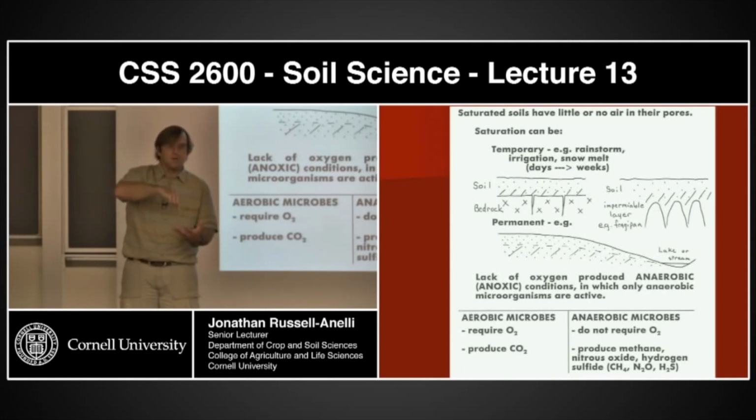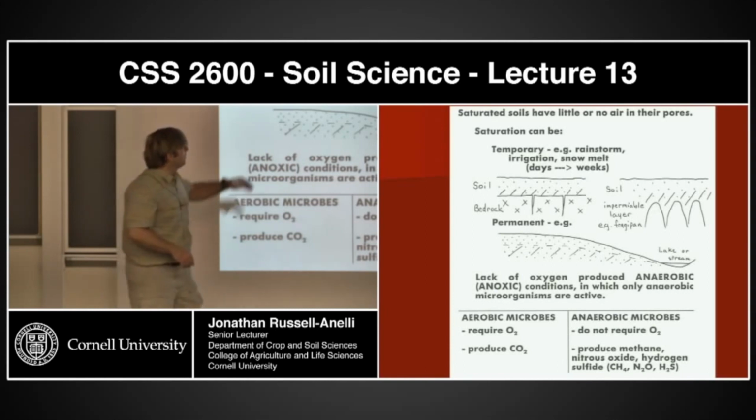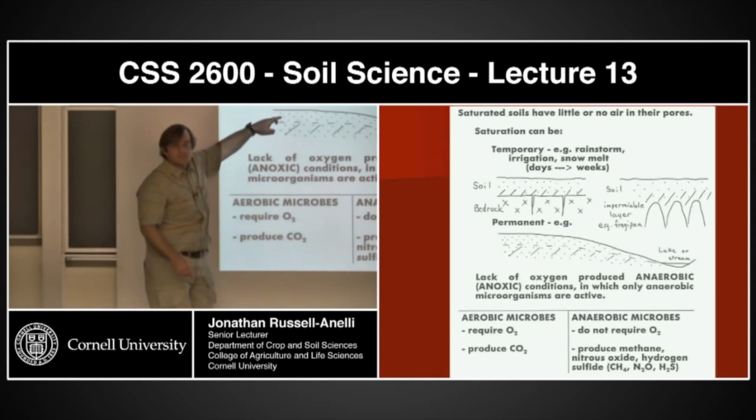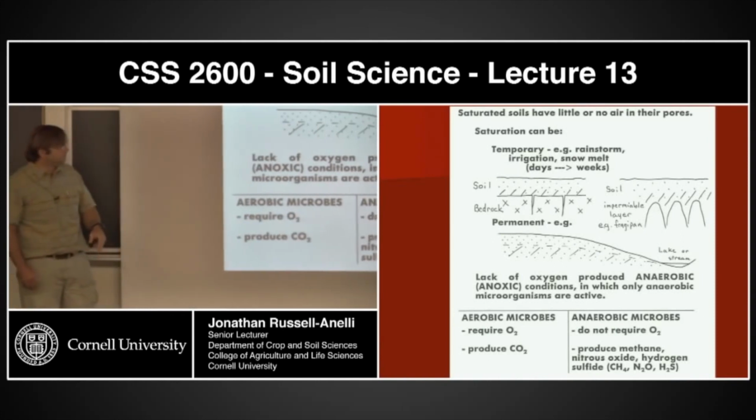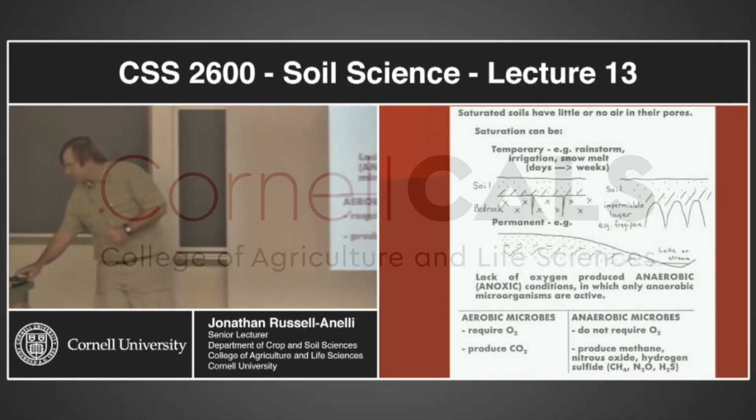That oxygen is being pumped down by the plants. That's a good example of where you're at this interface. Above it, you've got oxygen. Below it, that's where you saw those big, bright red mottles. Yes, there's a period of time that it's saturated, but it comes back down. Below that, that's where you go into those grays, permanent grays.